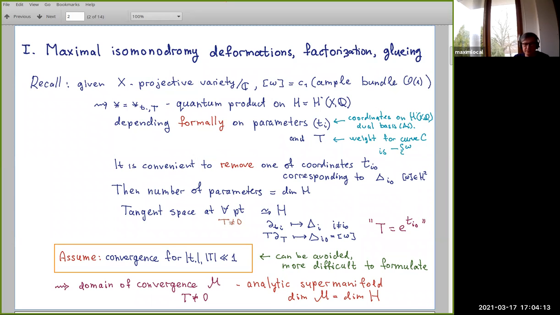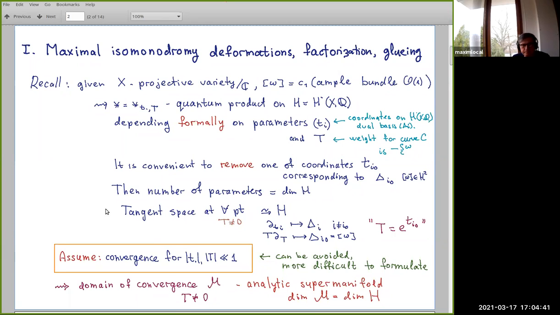So I will stick with this analytic situation, which in fact corresponds to real life. Okay, so I have a domain of convergence, and this capital T will be strictly non-zero for me, so I have a certain non-empty domain of convergence, which I denote by M, which will be an analytic supermanifold of dimension equal to the dimension of my cohomology.